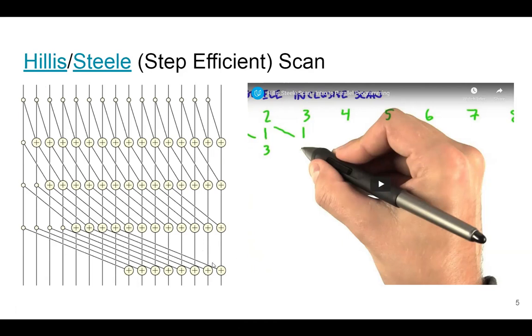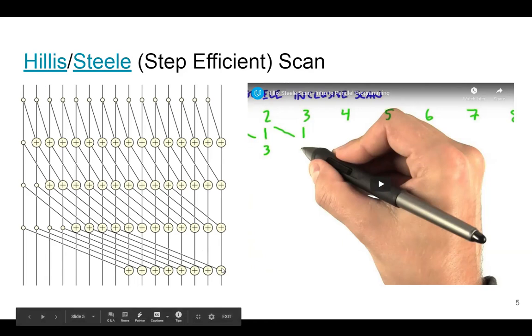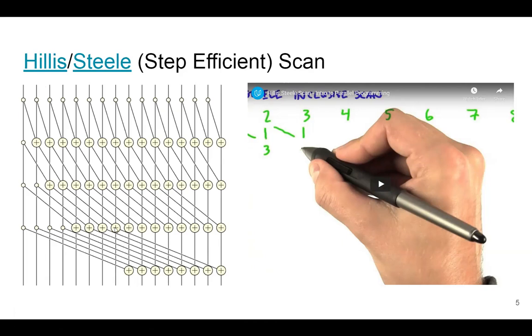I like to think of it like, if you imagine trying to sum up this value, you can see it gets this value from there and that value from there, and this one pulls those two, and this one pulls those two. And you can go back and find that, in fact, it's grabbing all these values to sum them up.